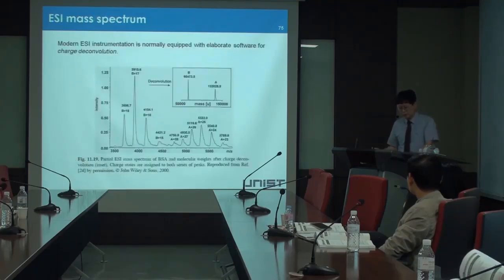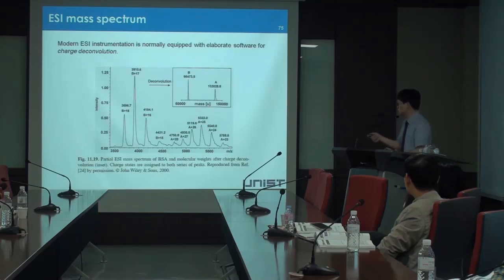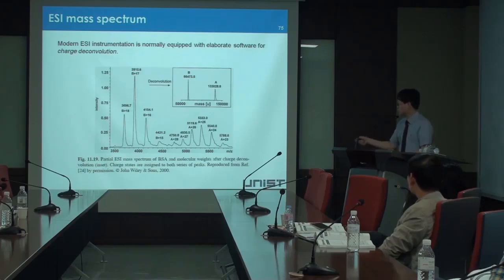So this is an ESI, electrospray ionization, mass spectrum. There are many charges. Biomolecules have a large molecular weight, and large molecules have the opportunity to pick up many charges, or lose many electrons. In other cases, they show many different peaks, but here it is a single peak for this one, and a single peak for this one.